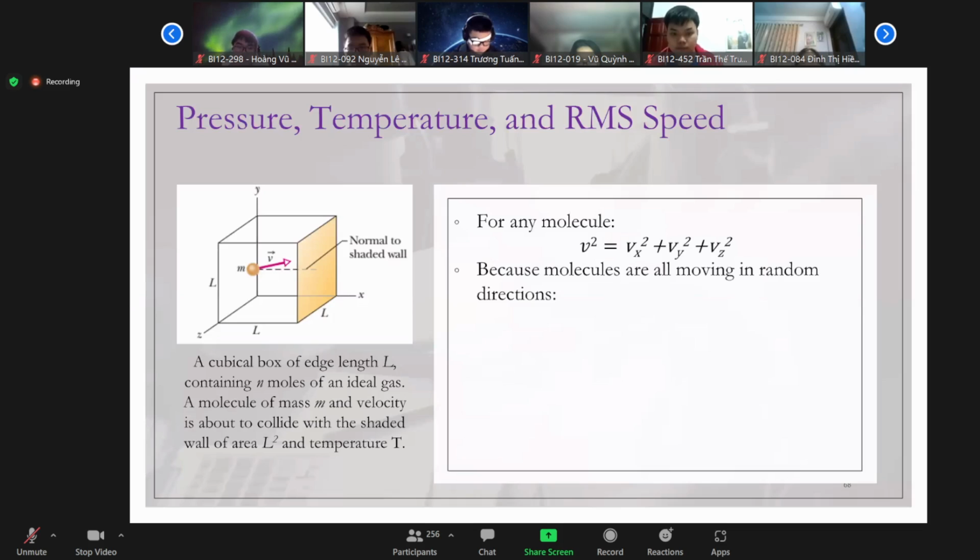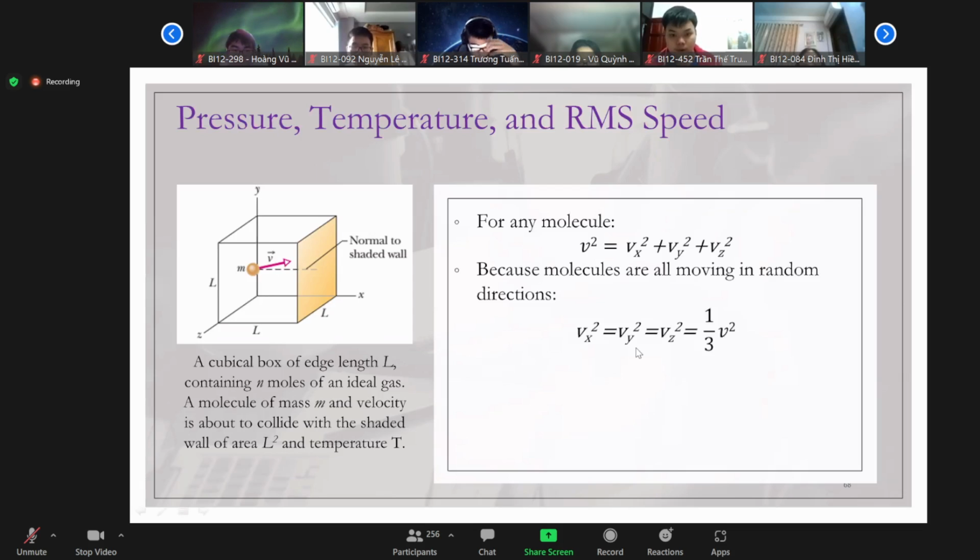Then for any molecules, what do we have? We know that the molecule does not move only along the x-axis, right? But the molecules are moving in random directions in the x-axis, y-axis, z-axis.